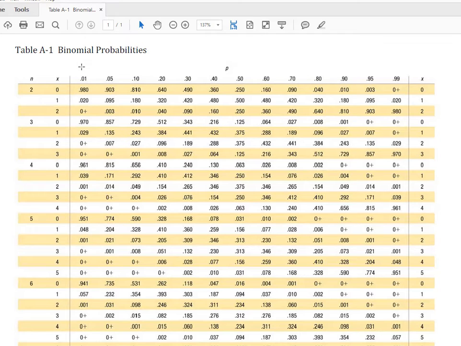And then across the top are my probabilities. You'll see these are common probabilities, or just tenths. But 0.01, 0.05, 0.1, 0.9, 0.95, 0.99 are common ones, and you'll start seeing that trend as we work through the remaining chapters. But then they break everything else down by tenths.